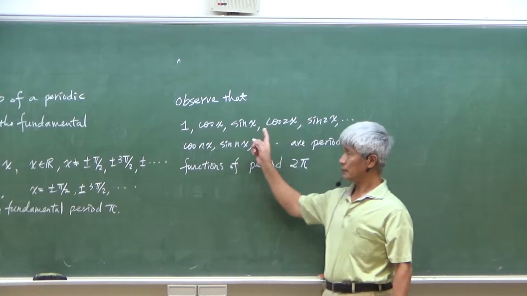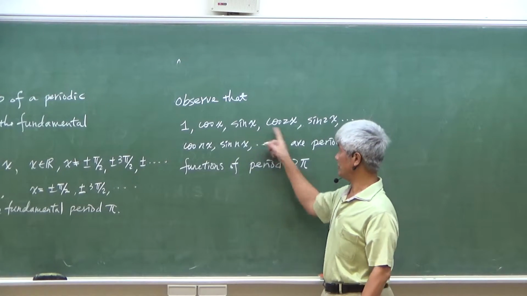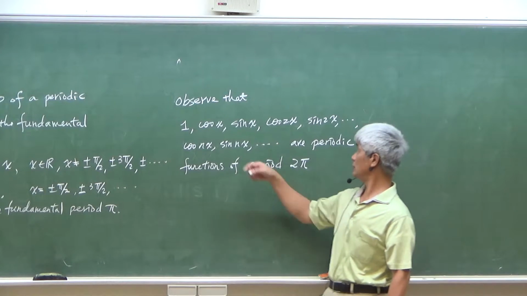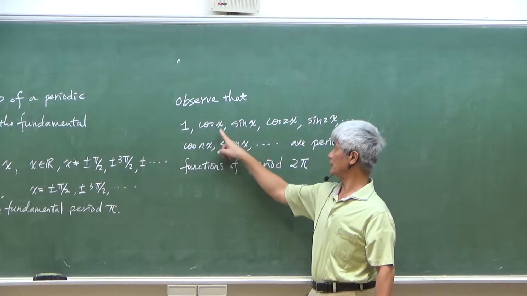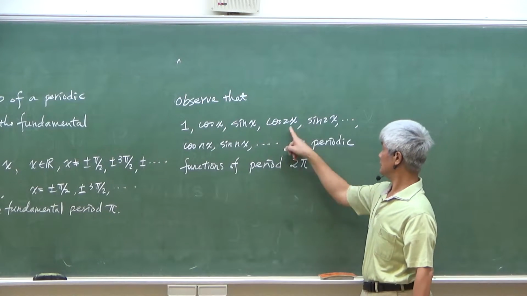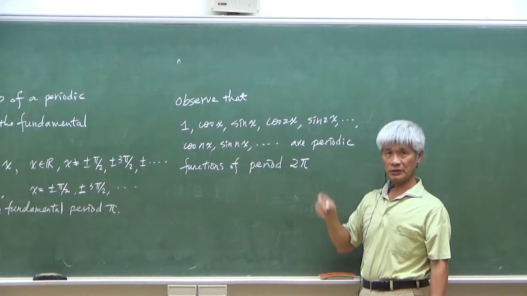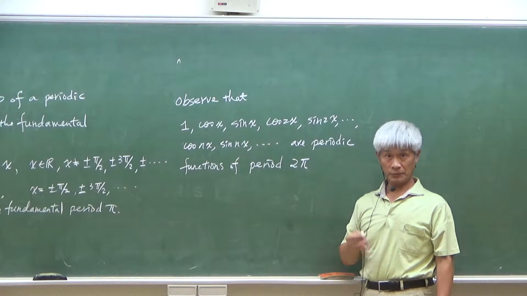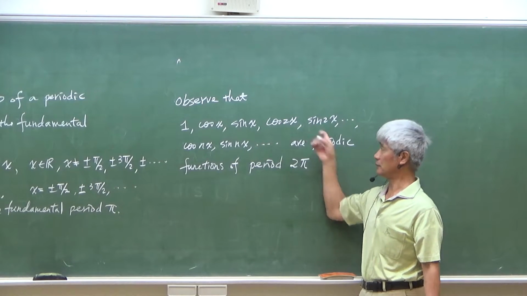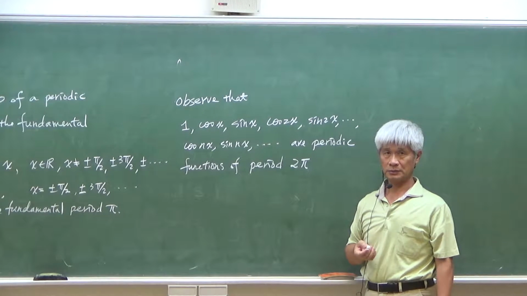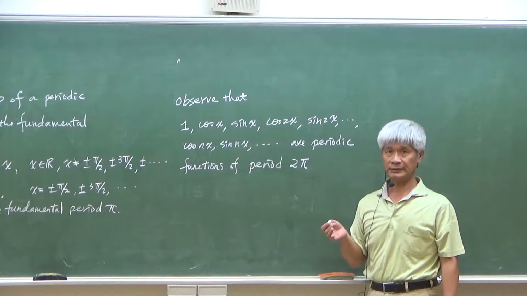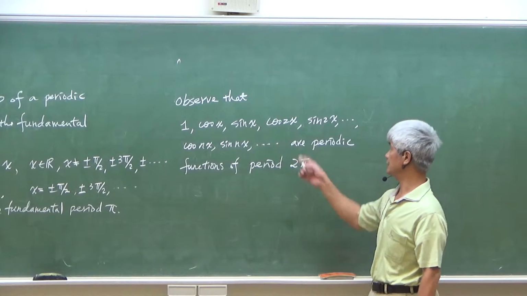But the fundamental period for each of them may be different. For example, the fundamental period for the functions 1, cosine x, and sin x is 2 pi, of course. But the fundamental period for cosine 2x and sin 2x is pi, not 2 pi. Is that clear? Okay, good.